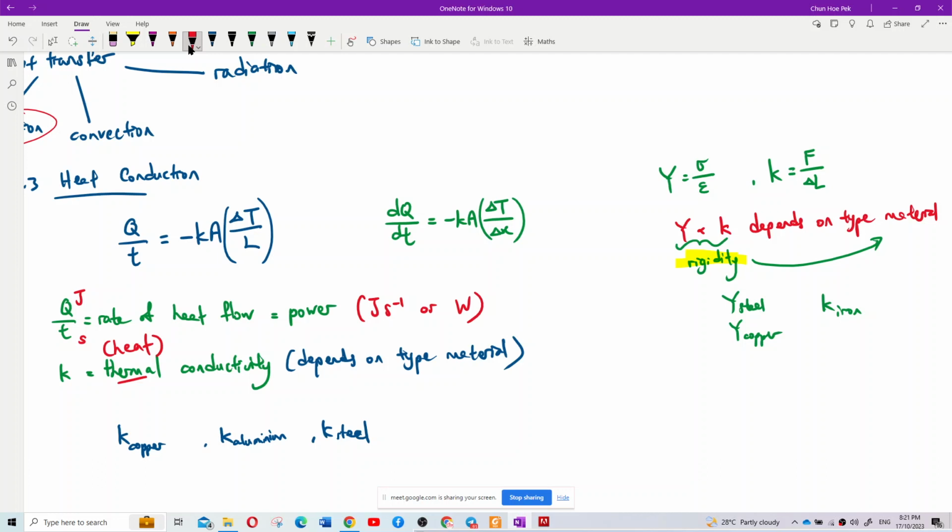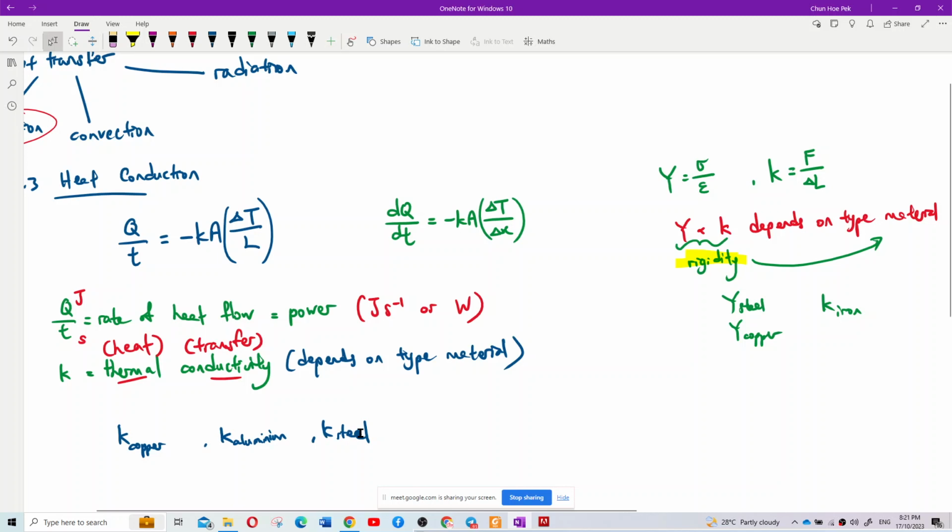So conductivity means conduct the heat, transfer the heat. How do you transfer the heat through the solid? So thermal conductivity means how well the material conducts heat.